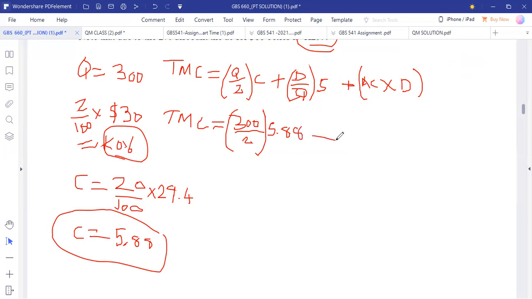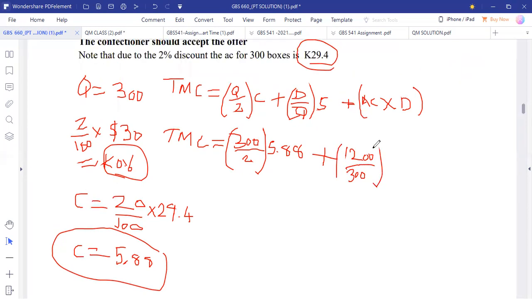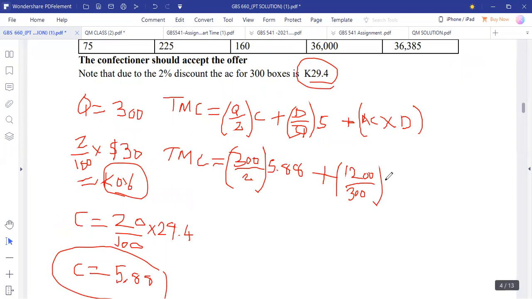Then plus our demand, which is 1,200. Then you divide this by 300. Then we multiply by the setup cost. In fact, this is when we're still ordering. So multiply by 10.